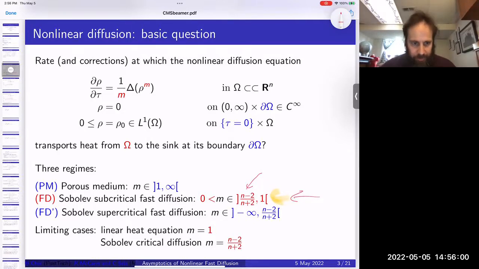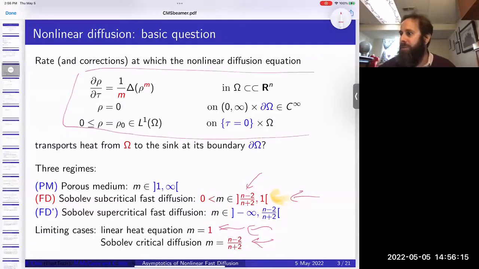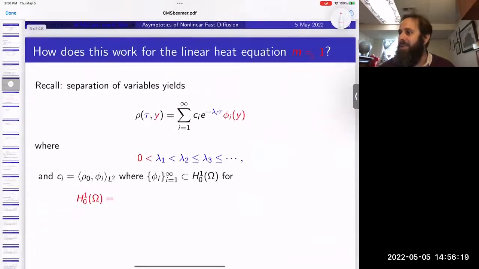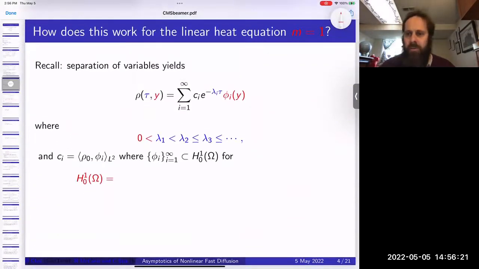I will have nothing to say about that. But of course, the limiting cases m equals 1 and m equals (d-2)/(d+2) are important and interesting cases. Especially in the case of linear diffusion, you can solve this equation more or less explicitly by separation of variables, as I'm going to recall on the next slide, because this is the picture that we would like to reproduce in the nonlinear case if we could.